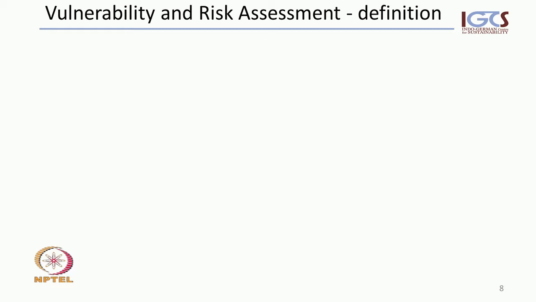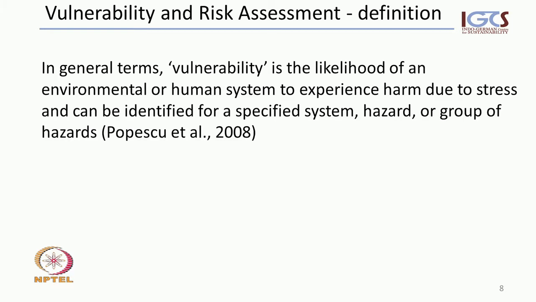and risk assessments, and let's start with definitions. The general term vulnerability is the likelihood of an environmental or human system to experience harm due to stress and can be identified by a specified system, hazard, or a group of hazards. That's a very generic definition of vulnerability.